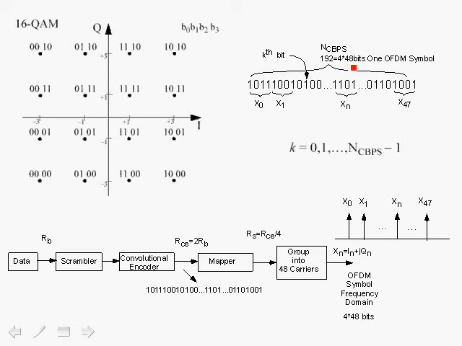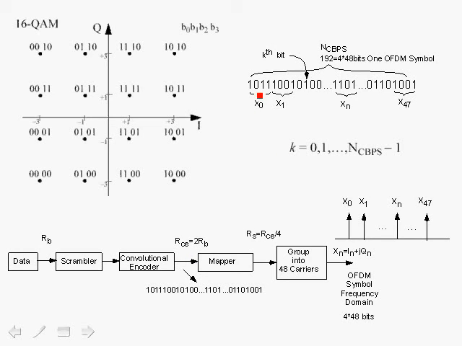That is 4 times 48 carriers equals 192 bits. This is designated as N sub CBPS, the number of coded bits per OFDM symbol. So each OFDM symbol at the output of the inverse FFT contains 192 coded bits.